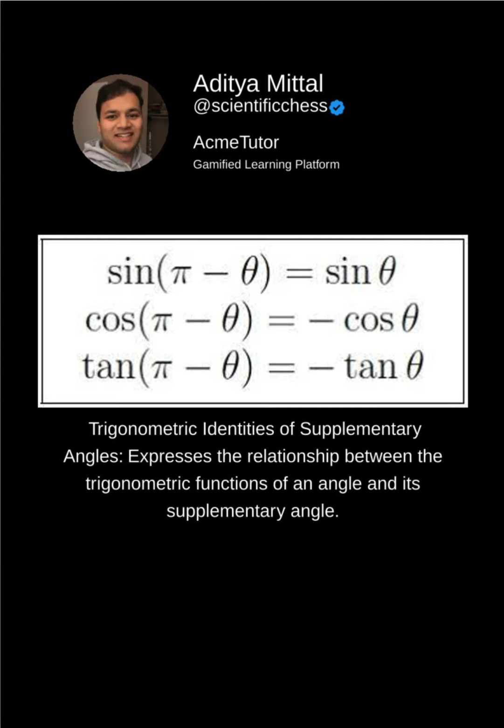And for tangent of pi minus theta, you will also get negative tangent of theta. I think we could have also done the cosecant, secant, and cotangent here, but I'll let you work those out as an exercise.